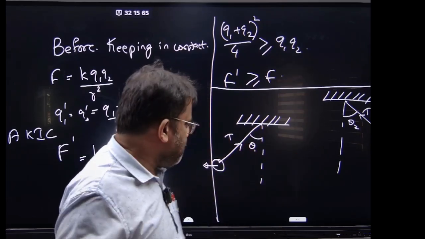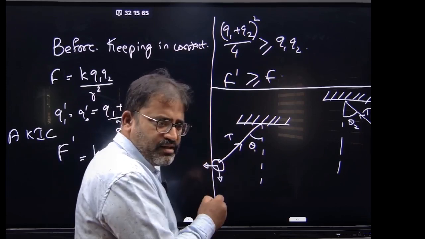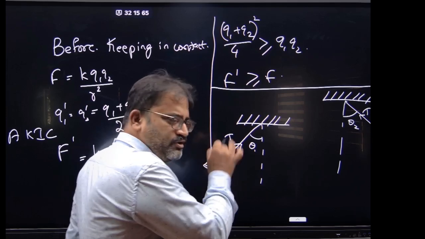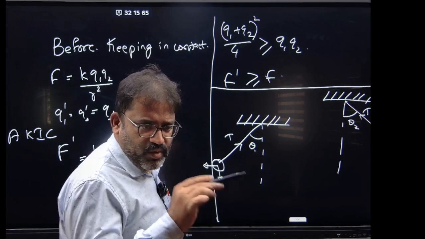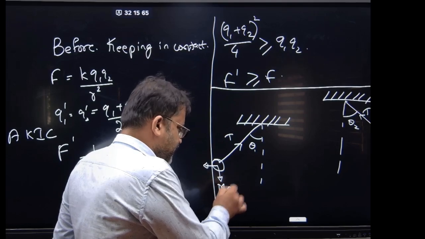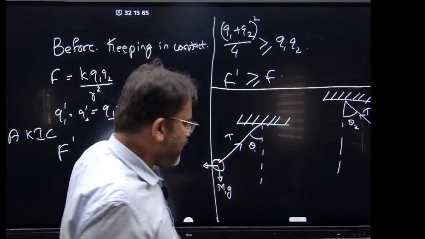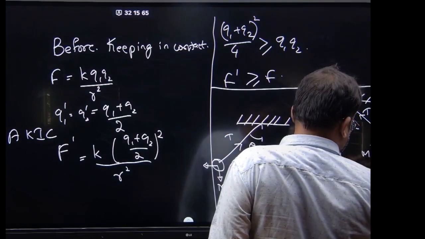But since the masses are different, the vertical force will be different. The vertical force in the first sphere is given by m1g. In the second sphere it will be given by m2g.